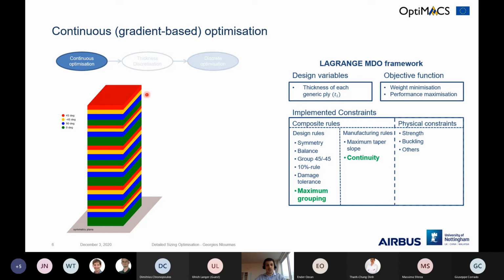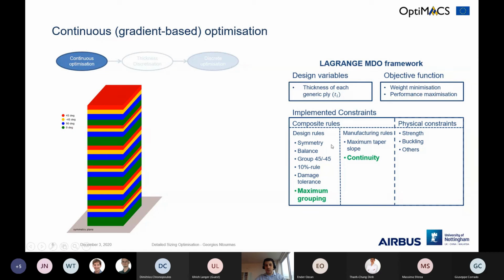A generic stack is comprised of many generic layers whose stacking and orientation is fixed and remains fixed throughout the optimization. And what is allowed to change is the individual thickness of each one of these layers during the optimization. And by varying these thicknesses, we can achieve both a thickness and a stiffness optimization of the structure.